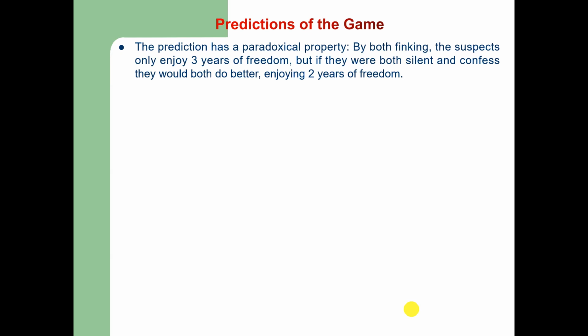By both confessing, the suspects only enjoy 3 years of freedom. But if they were both silent and did not confess, they would both do better because they would enjoy 2 years of freedom.